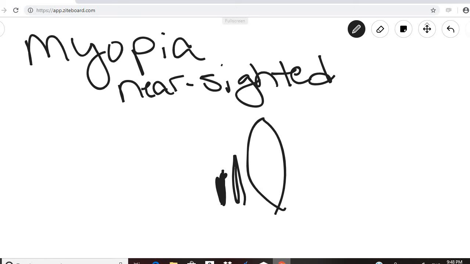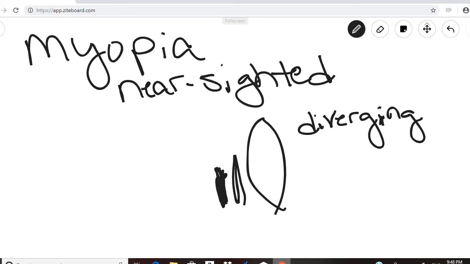And so what we do to correct that is we use a diverging lens. So you can wear a pair of glasses or contact lenses that is a diverging lens, and then what that does is you basically unfocus the light a little bit so that it's not focusing quite so sharply, and it'll focus on the retina instead of in front of it.